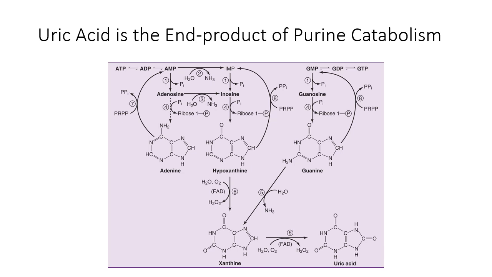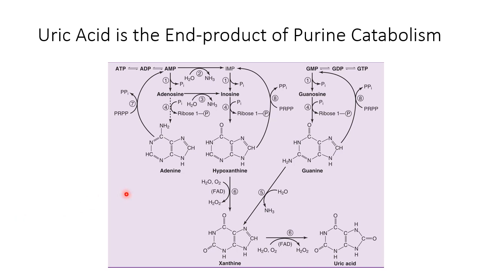And once we add a phosphate group, we form the nucleotides adenosine phosphate and guanosine phosphate. So they can be in combinations such as adenosine diphosphate or adenosine triphosphate and guanosine diphosphate and guanosine triphosphate.